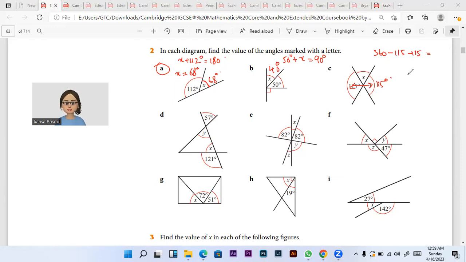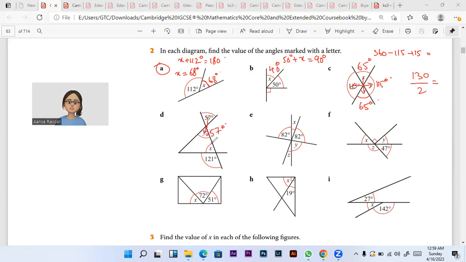It will give us 130 degrees, but I will divide 130 degrees by 2 because that is the sum of the two angles. So 130 degrees divided by 2 gives us 65 degrees. So angle X is 65 degrees, and this angle they didn't ask to find, but I'm finding it as 65 degrees. Over here, the vertically opposite angle rule applies, so Y is also 57 degrees.